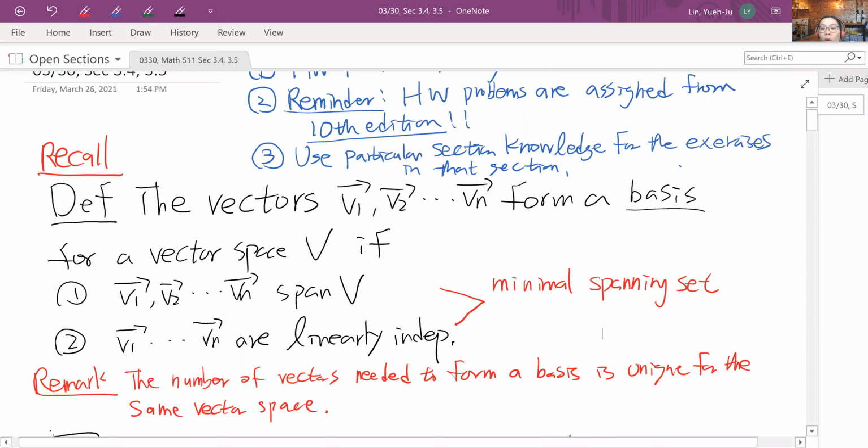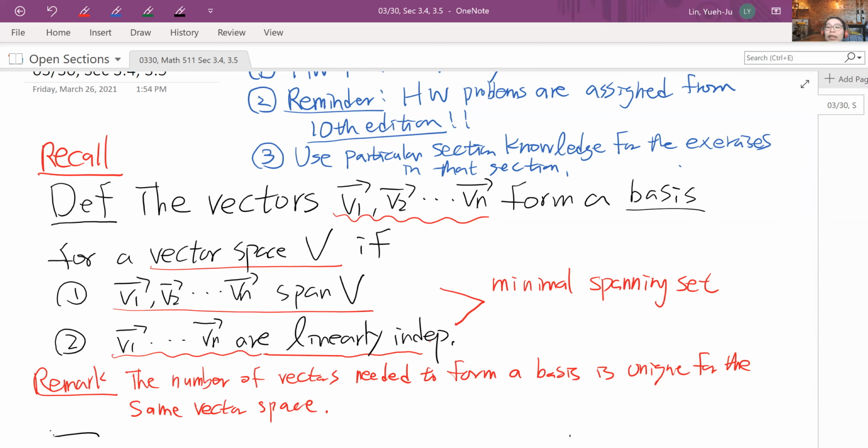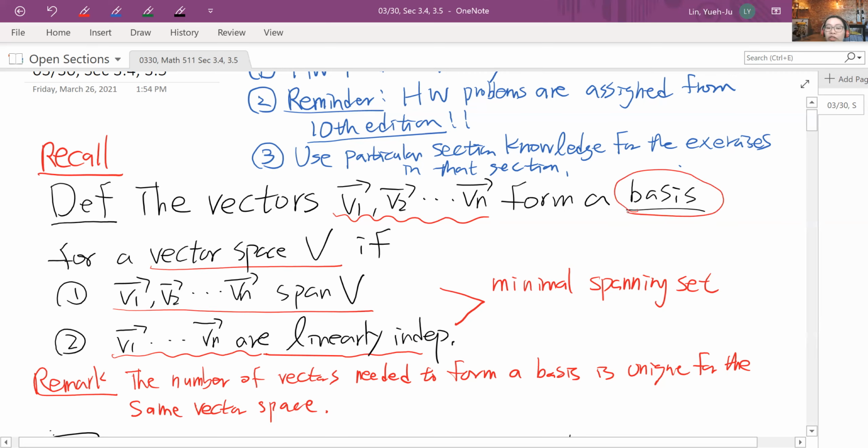Then in 3.4, we talk about having both criteria: if you have n vectors, v1 to vn, and also a vector space, and if these n vectors are a spanning set for this vector space, plus they are linearly independent of each other, then this is what we call a minimal spanning set. So basically these n vectors are what we call a basis for this vector space.